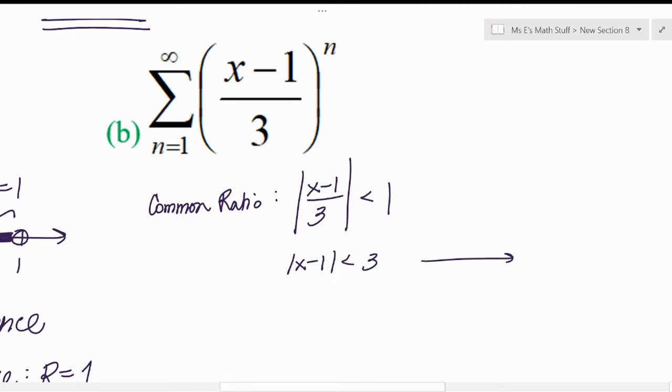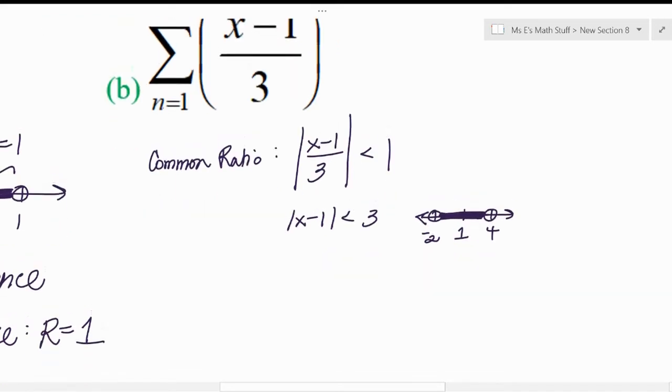And then you know that this is saying you're looking for x values that are within 3 units of 1. Whether you draw the picture or just think it out in your head is up to you. You do need to be pretty accurate though, so just choose something that will give you the correct answer, at least most of the time.